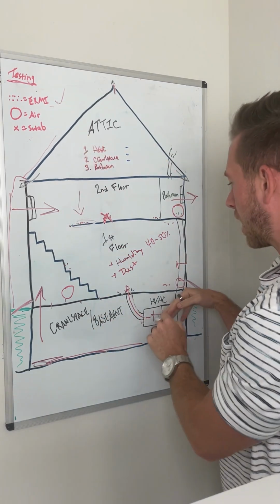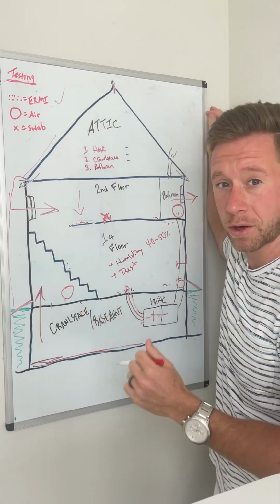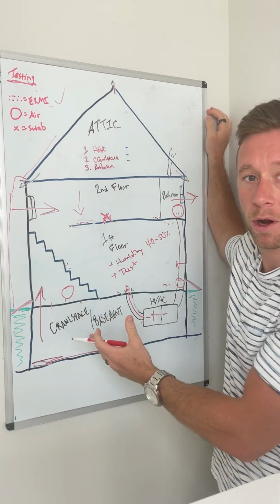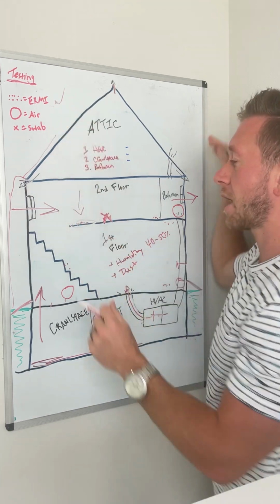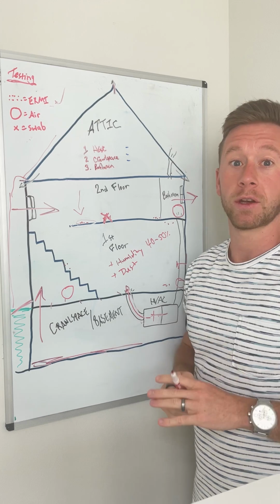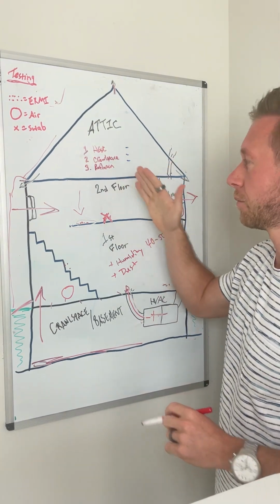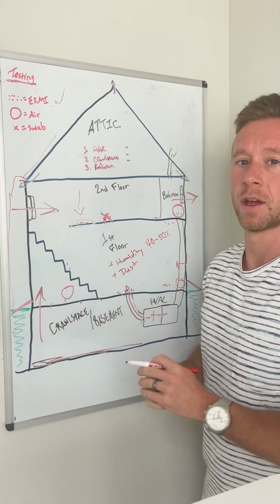Maybe these 3 spots are influencing the most amount of air quality and the most amount of surface area throughout the house, which may be why the ERMI is high, why the symptoms are being experienced, and what we really need to do to improve the health of the home.